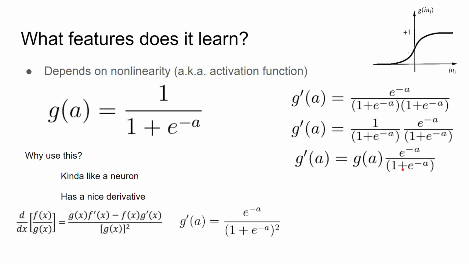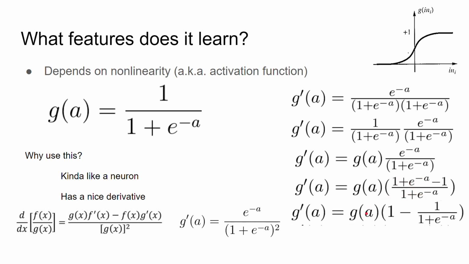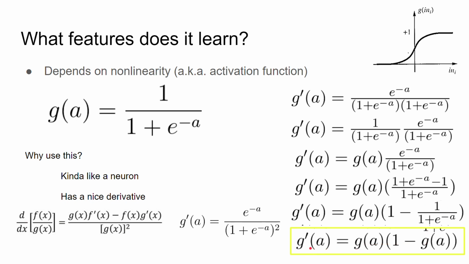That's kind of ugly, but I can play around with the fraction by adding a 1 and subtracting a 1 at the top, so that those two things cancel nicely. And now this turns into 1 minus 1 over that, which is something we've already had. So if I've already computed the activity of this neuron, I can also compute its derivative really easily. It's just the activity of the neuron times 1 minus the activity of the neuron. So we've got a really nice, easy to compute derivative.